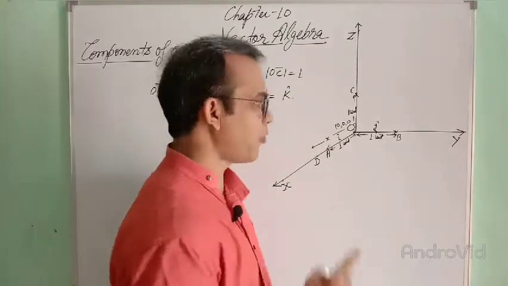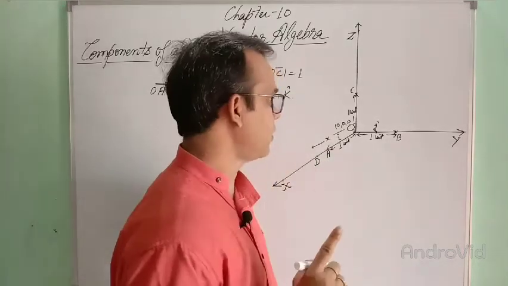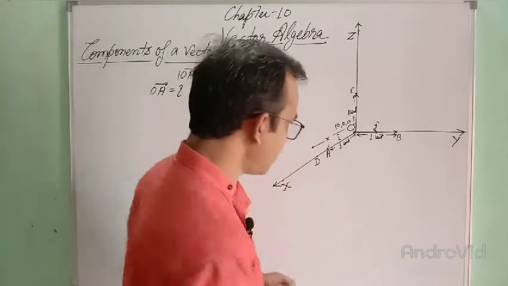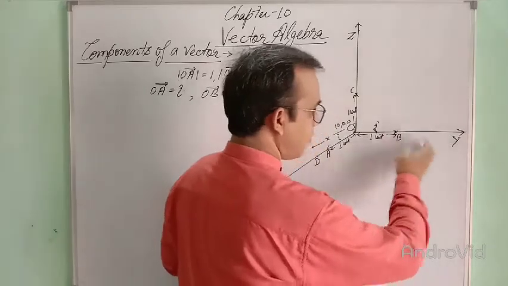Now for that point P in the space having the coordinates x, y, z, small y will be the distance covered on the y-axis.